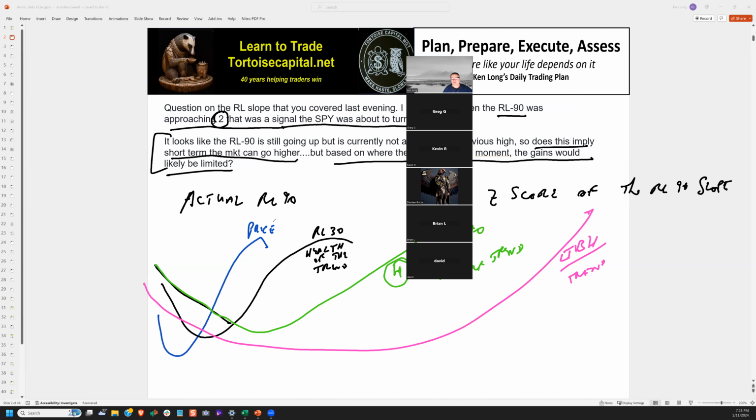So you get a lot of oscillation with the 10 and the 30 as the fast pair. And then the 90 and the 270 act as the slow pair, with the 10 the fast and the 30 the slow in the fast pair.